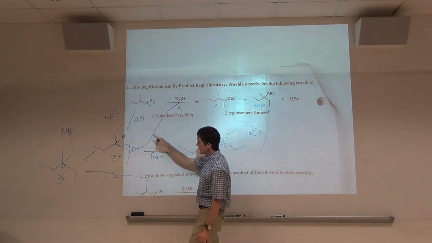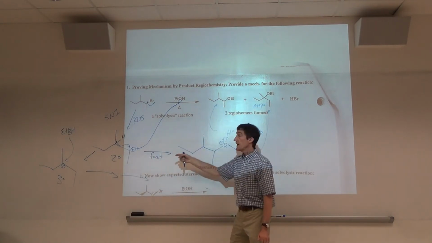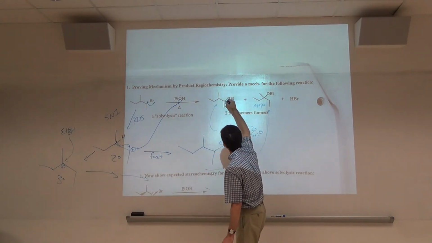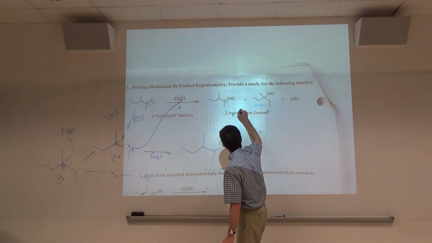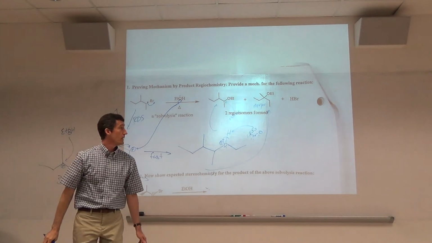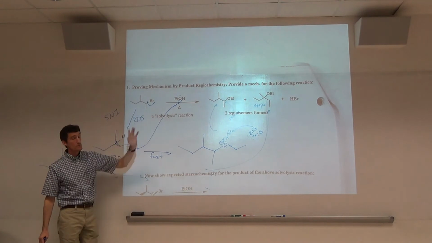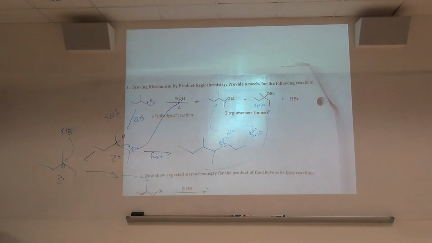How does the ethanol attack there? Either side, right? So this is going to be racemic, because when you attack a cation, you attack either side. I don't know what this over here is, I didn't tell you. Whatever you started with, it's over there. But the major product has no chiral carbons at all, so there's nothing to consider. It's like a paper clip. There's only one way to make a paper clip. There's no right or left.